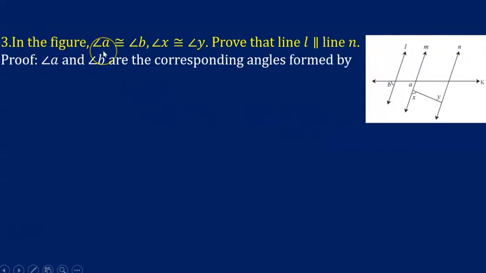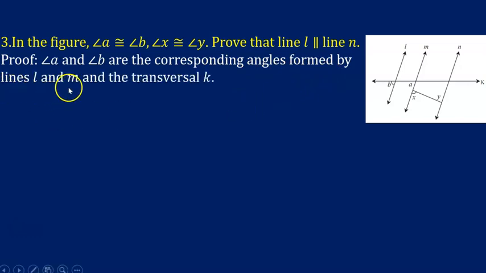In the figure, angle A is congruent to angle B, angle X is congruent to angle Y. Prove that line L is parallel to line N. Now proof. Angle A and angle B are the corresponding angles formed by lines L and M, and K is their transversal.